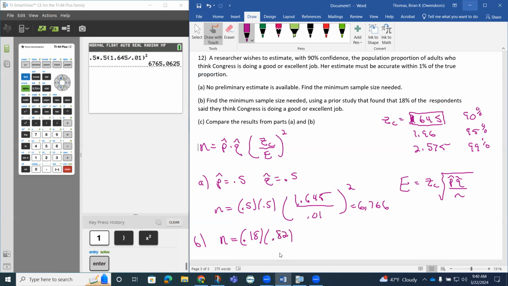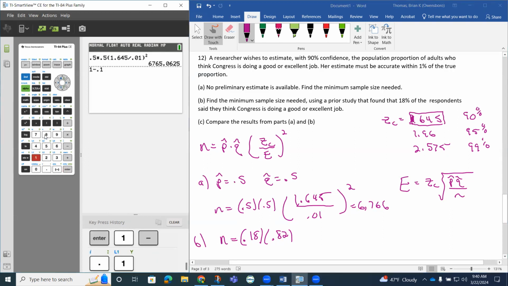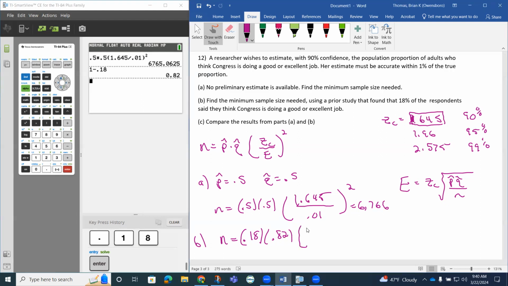So if we need to double check that, we can go 1 minus 0.18 to get the flip side, because remember that they have to add up to 1. So then we still use the same critical value z, this 1.645, and our margin of error is still that 1%, and we're squaring that.